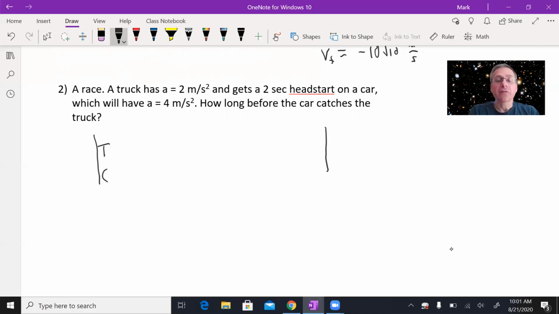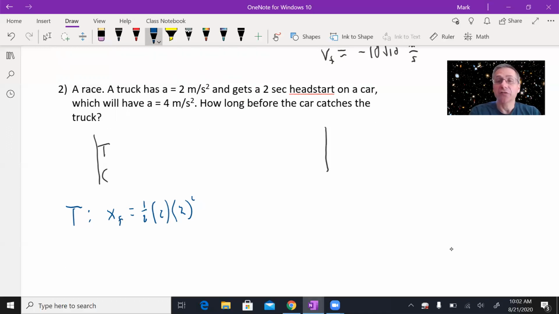Okay, so let's take the truck first and figure out, in 2 seconds, where is it going to be? How far ahead of the car will it be, and how fast is it already going by the time the car can start? For the truck, we can figure out how far it travels and use that distance equation. So 1/2 times the acceleration, times the time, which is 2 seconds, squared.